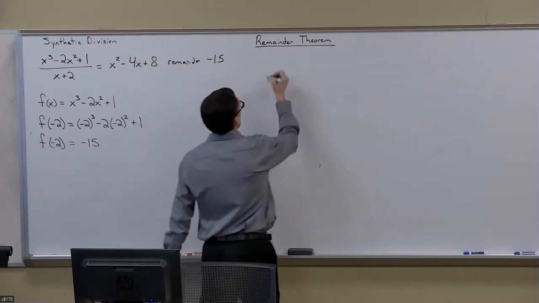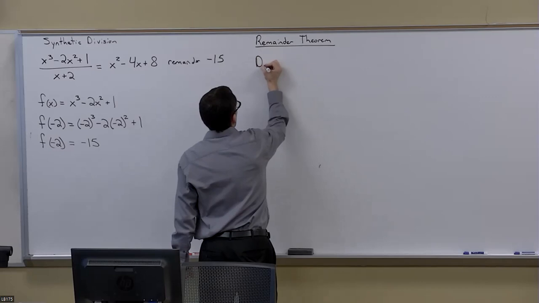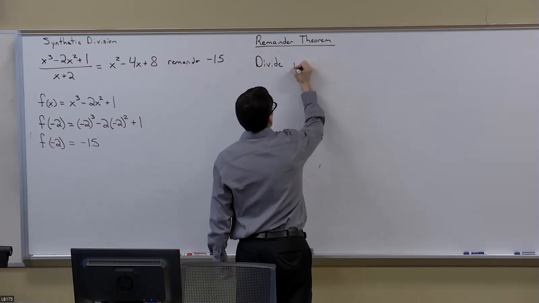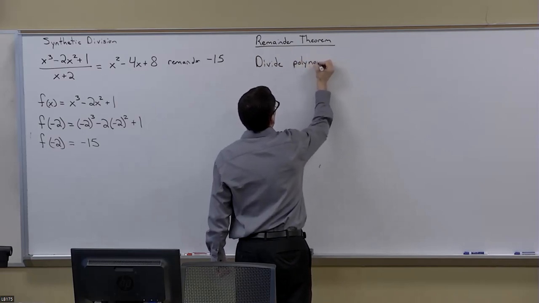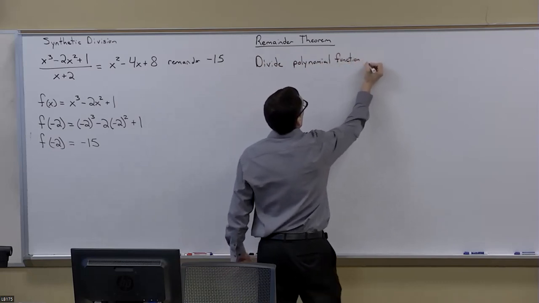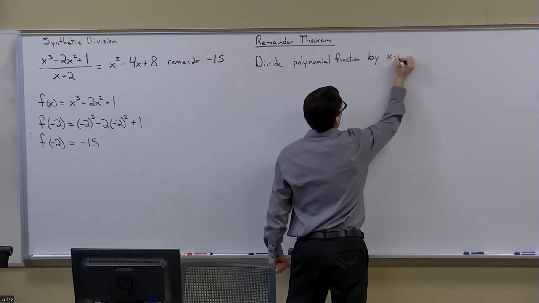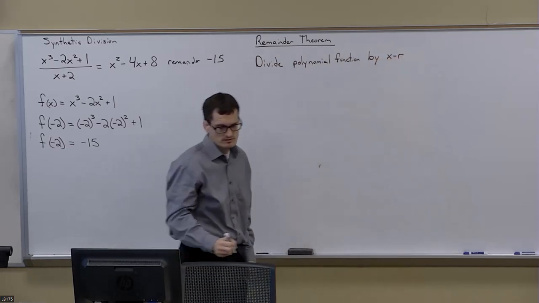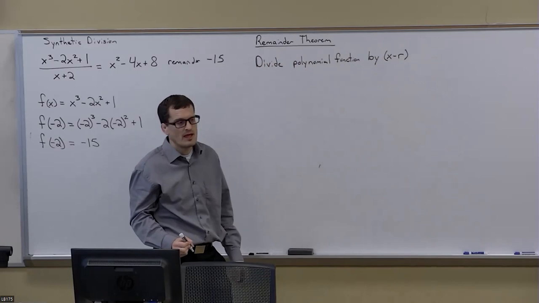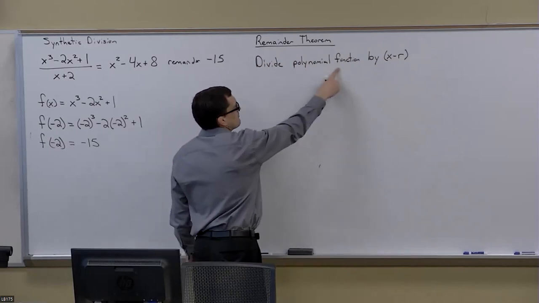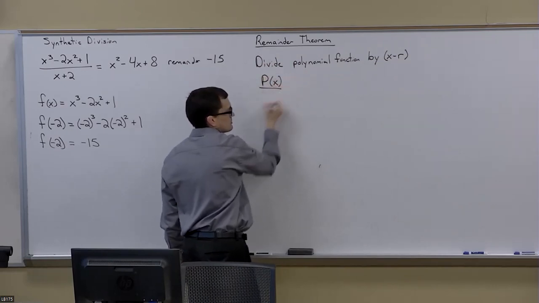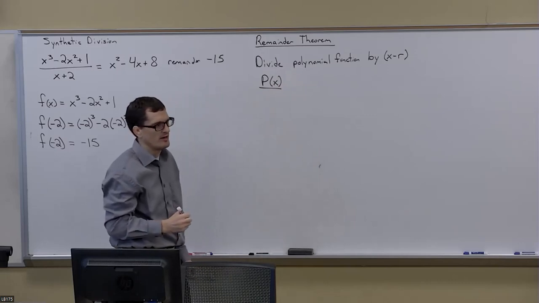Let's imagine we're going to divide a polynomial function by x minus r. The polynomial function that I'll use, I'll just write as p of x for polynomial function. That's the dividend, all right?